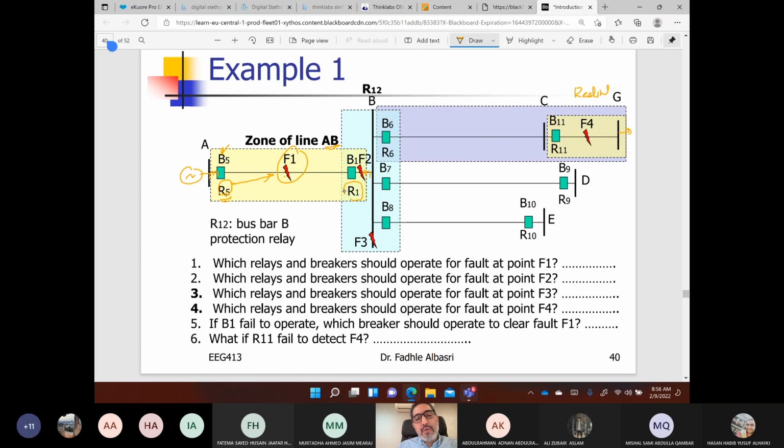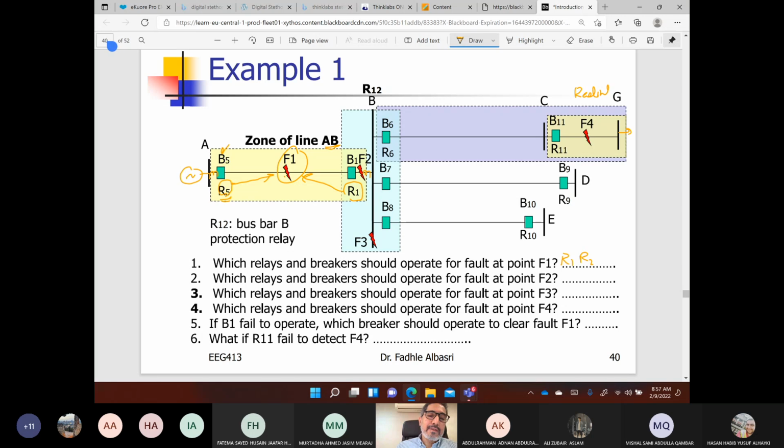Similarly, R1 will detect this fault in this zone. So both R1 and R5 will detect this fault, because the fault is within their zone of protection, within their responsible territory.